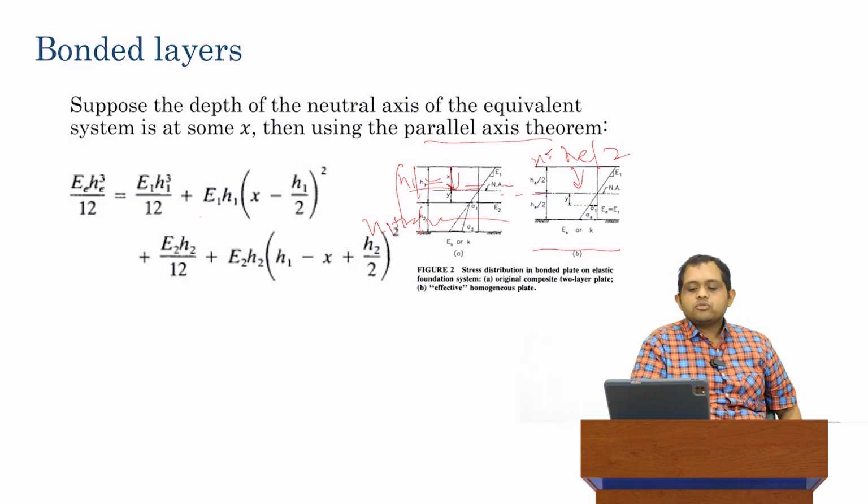The parallel axis theorem just says that we have E1 H1. E1 H1, you can say, is a measure of the stress or the measure of the moment inside the system. That has to be multiplied with the square of the distance over which the axis is being shifted. So if we consider layer 1, the original moment is E1 H1 cube divided by 12.